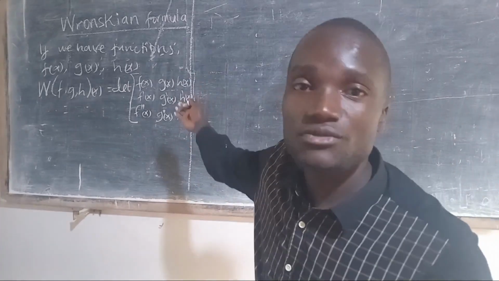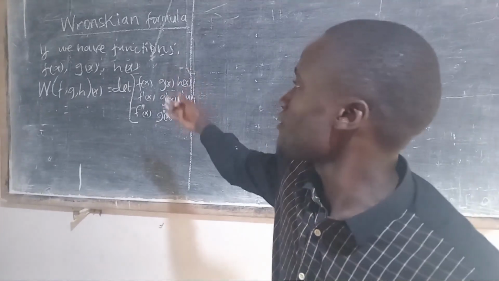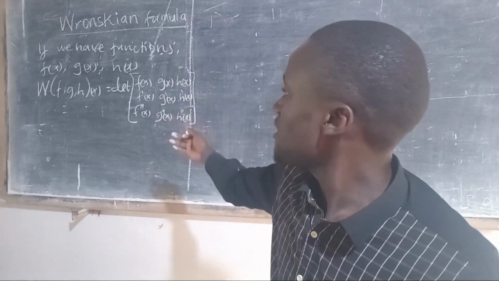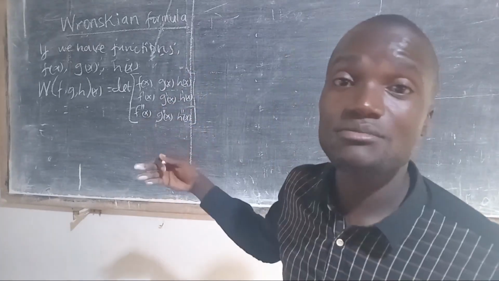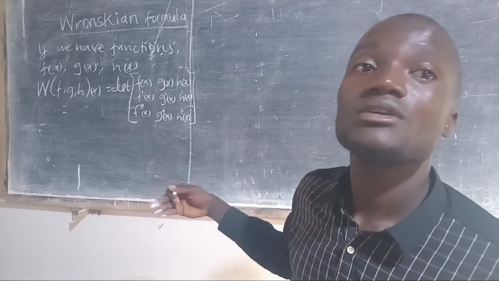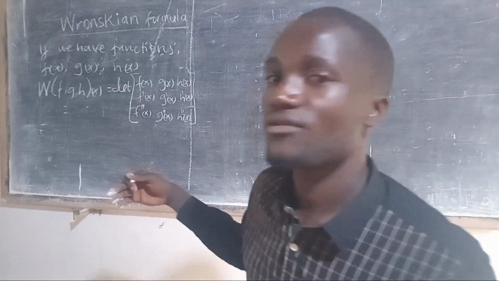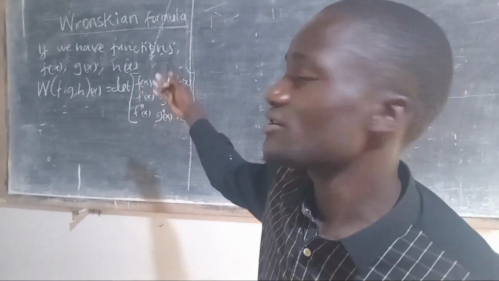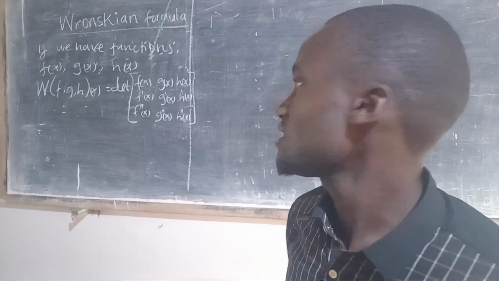We calculate the determinant of the differential equations given to us, but there might be several of them. For instance, we have been given f of x, g of x, and h of x.